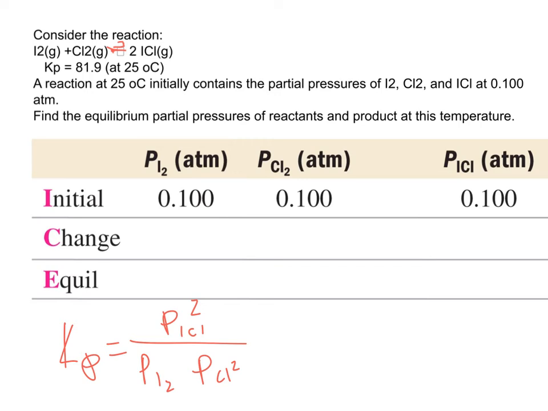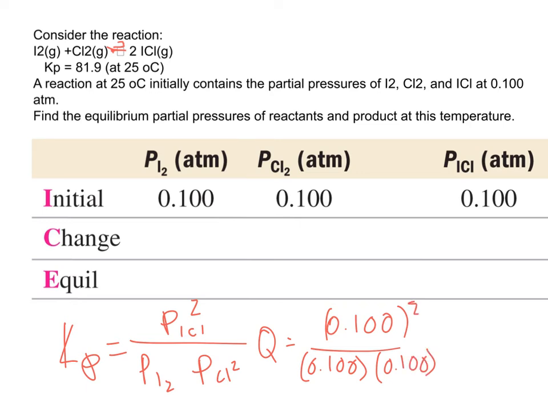So now at 0.1, we have to figure out which direction this thing is going. And so this is where this Q comes in. So we're going to plug in these conditions and say, okay, Q is equal to 0.1 squared over 0.1 times 0.1, which equals 0.1 squared over 0.1 squared, which is 1.